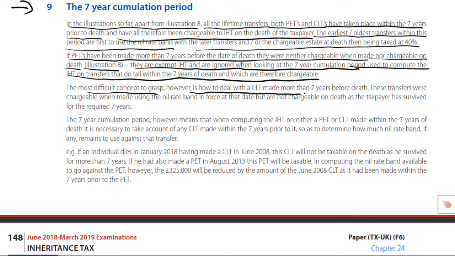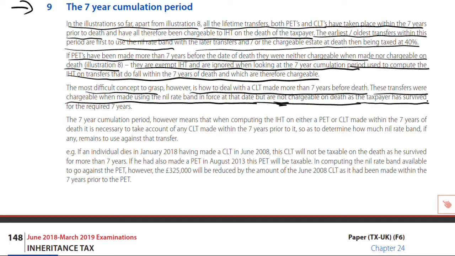How to deal with a CLT made more than 7 years before the date of death. These transfers, as we know, were chargeable when made using the nil rate band in force at that date, but then are not chargeable on death as the taxpayer has survived for the required 7 years.